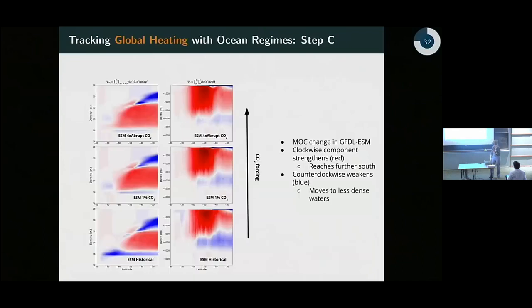And there's a few different ways of looking at this, which we can also start to unpick using this type of framework. But looking at the overturning here, I mentioned that we have this clockwise component here, and then a counterclockwise component where waters are being brought up, then cooled to return to the surface.